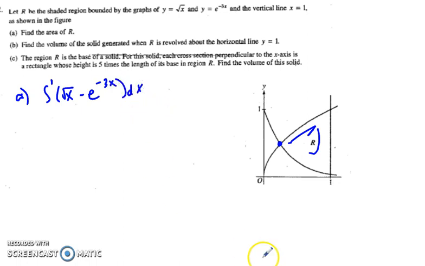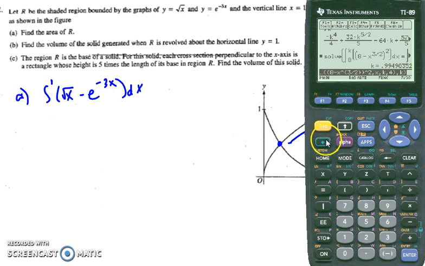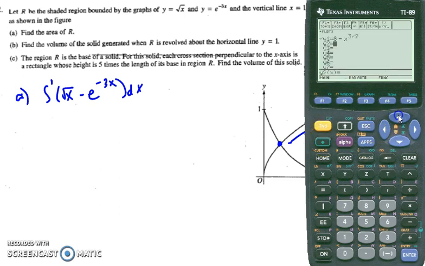So let's go to our calculator to solve for the lower limit of integration, and I'm going to do it on my graphing screen. So I'll type in the graphs of the square root of x first, and then e to the negative 3x, and then I'll just do a zoom 6 to get a standard window.